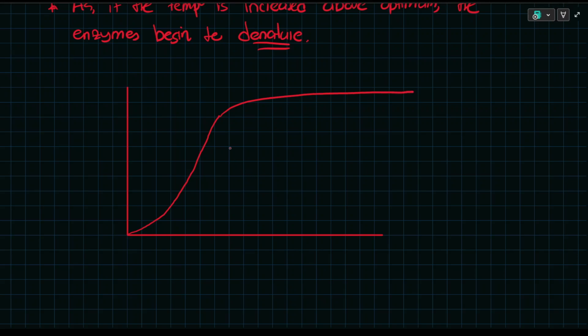But here's the deal. This is the optimum temperature. Once we go beyond the optimum, what happens? Enzymes denature. They completely change their active site and then they can no longer metabolize. So the rate drops to literally zero because the enzymes are destroyed.